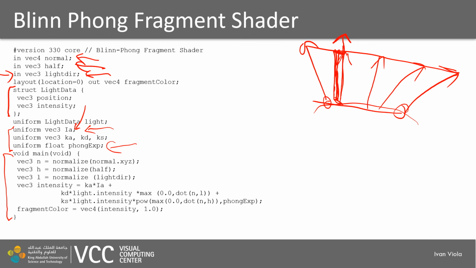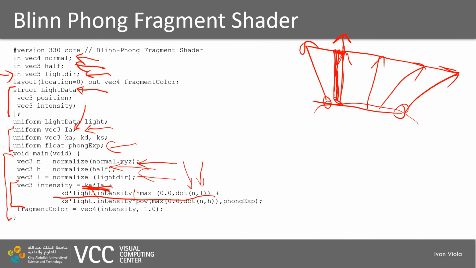So we normalize all these vectors first: normal vector, halfway vector, and light vector, and then perform the illumination, where we have the ambient term here, then we have the diffuse term here, where we are using the light intensity, as you can see, as the uniform from this structure light data, where we need our light direction and the normal for the diffuse term.